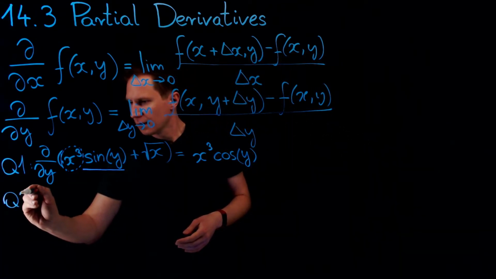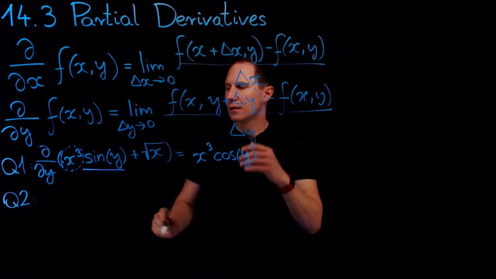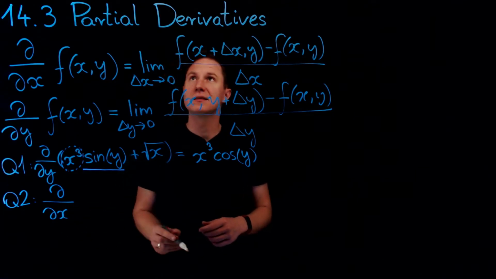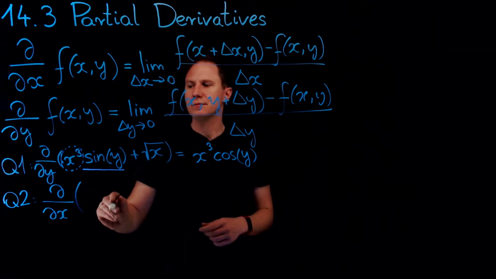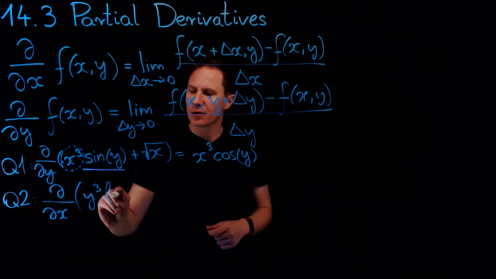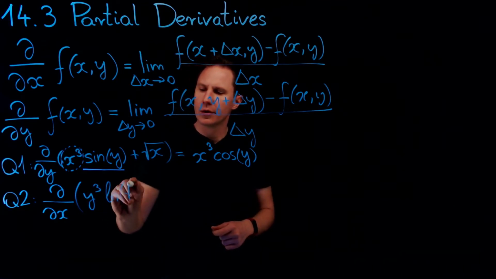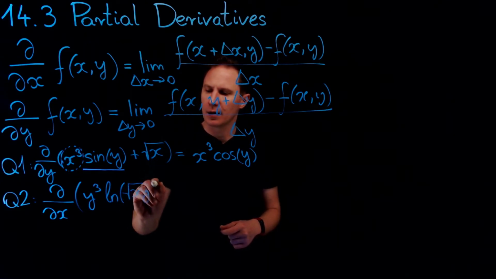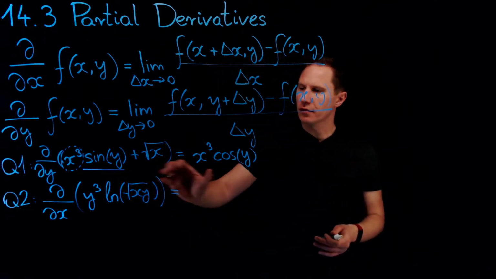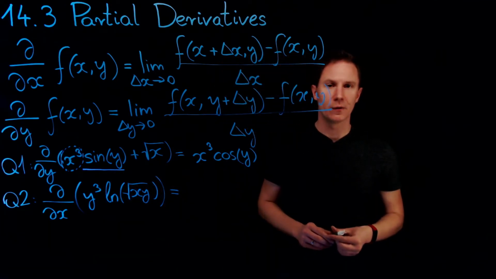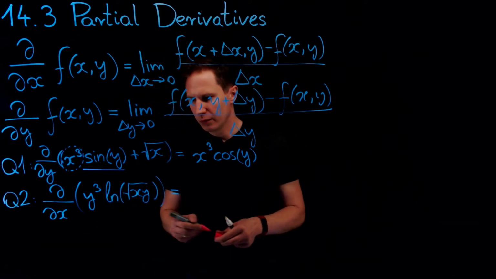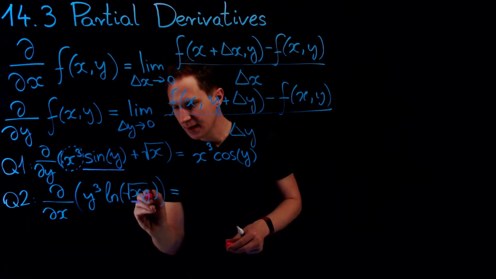Now my second question is similar, but with a different function. I'm asking for the x derivative of the following function: y cubed times the natural log of root x times y. Pause the video, compute this x derivative, and input your answer below. I hope you paused it and realized that it's now being done with respect to x.